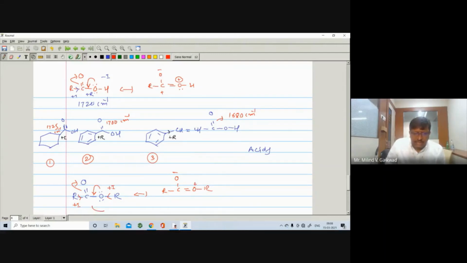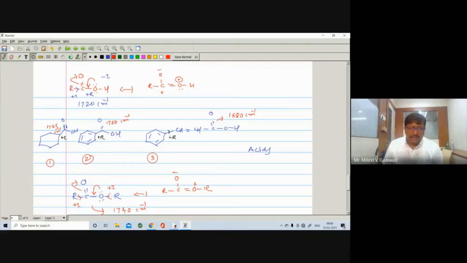The esters will appear at 1740 centimeter inverse. So in ester, we have a combination of the plus R effect of the lone pair and minus I effect of oxygen. So as a result esters normally show the carbonyl stretching at 1740, higher than the carboxylic acid.